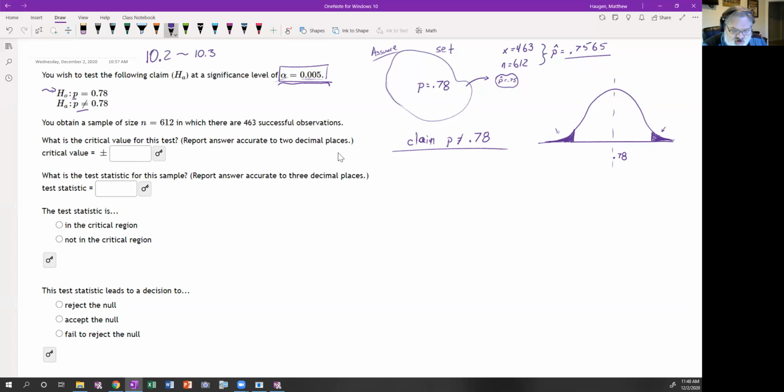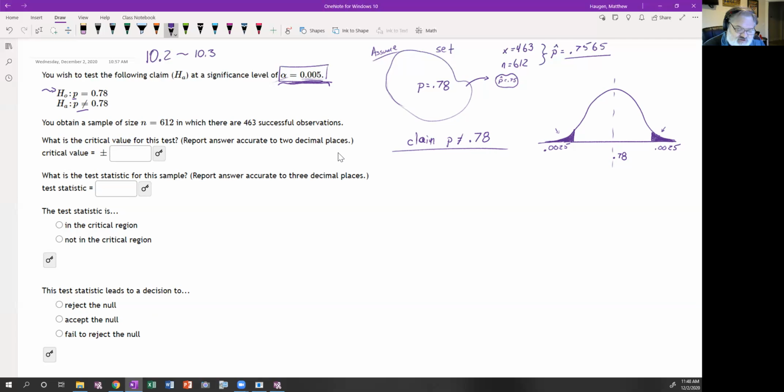How big are these tails that we have to land in to reject our assumption? That alpha is the size of those tails. And since it's two tails, they're adding up to the 0.005. So each one is 0.0025 and 0.0025. Good with that so far?